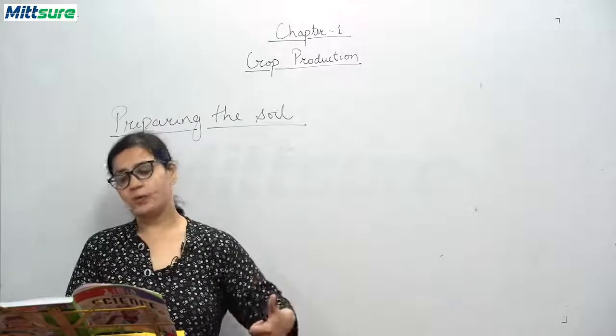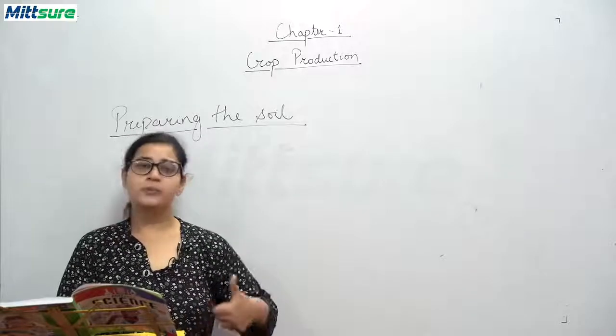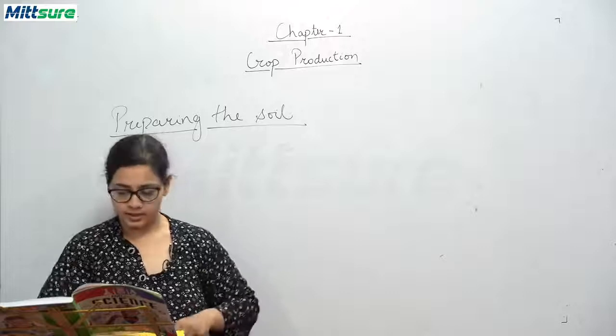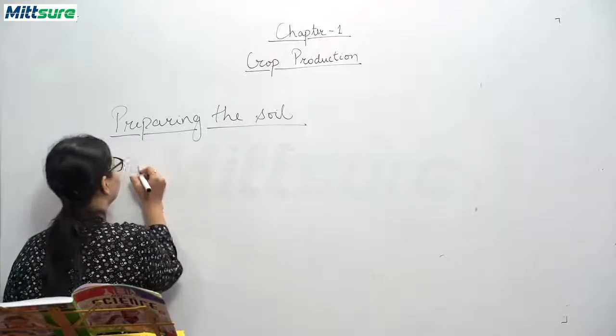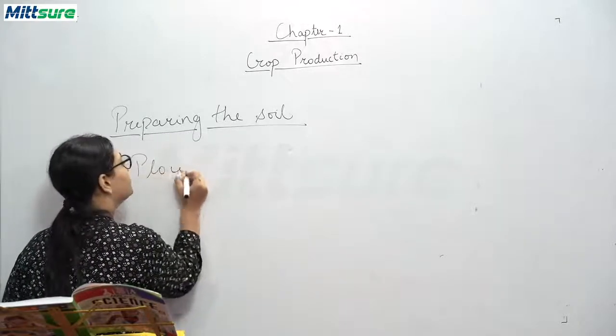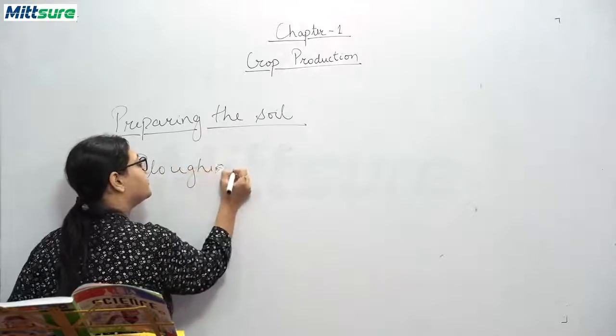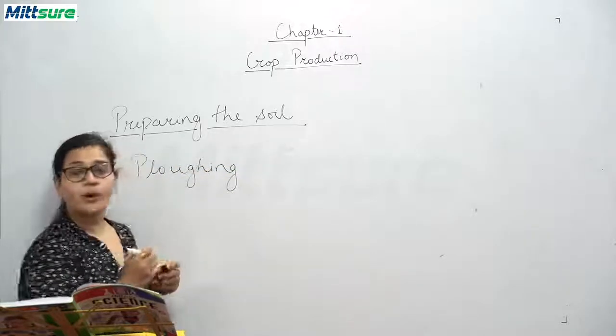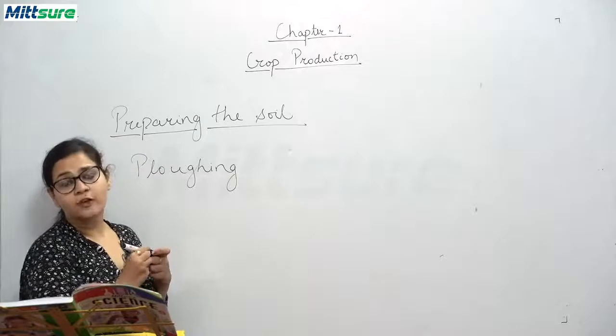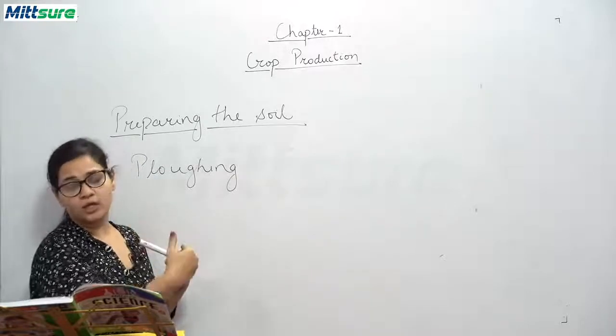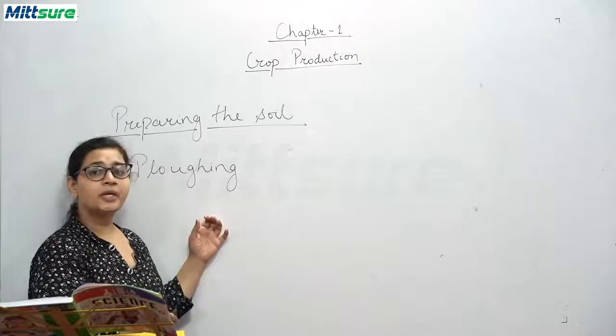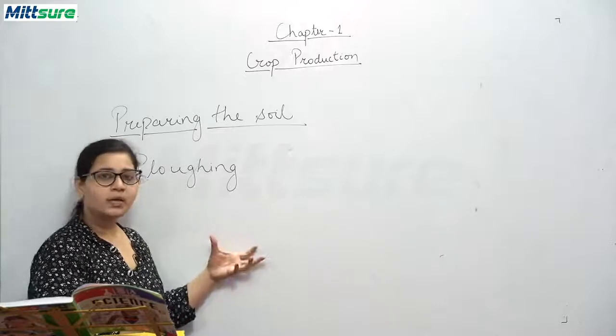First step is plowing. What is plowing? It is the process of loosening. Let me write down. Plowing. What is plowing? Plowing is a process of loosening and overturning of soil so as to make it aerated. What is aeration?